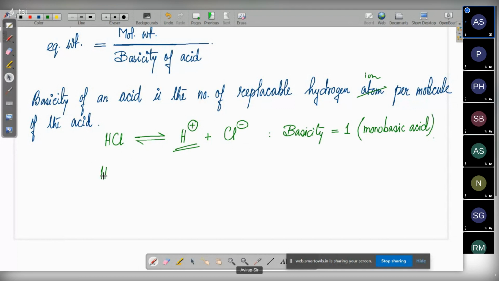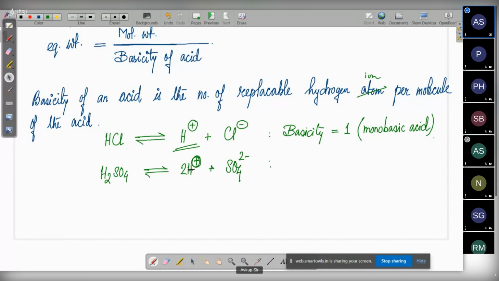Now see, if you are taking H2SO4, if you dissociate H2SO4, what do you get? There are two replaceable hydrogen, 2H plus and SO4 2 minus. So from one molecule of sulfuric acid, you are getting 2 H plus ions.